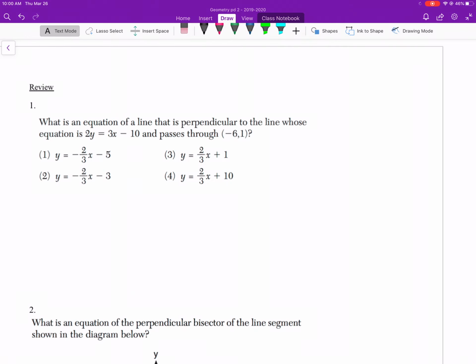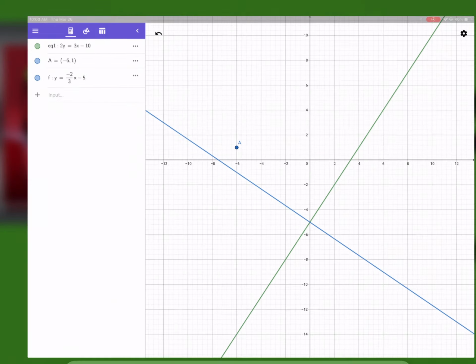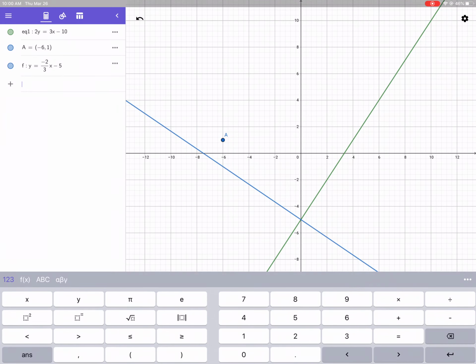Negative 2/3 x minus 3. So you can see that that's our answer choice, y equals negative 2/3 x minus 3. It passes through that point, negative 6, 1 that they gave us, and it's perpendicular to the initial line.